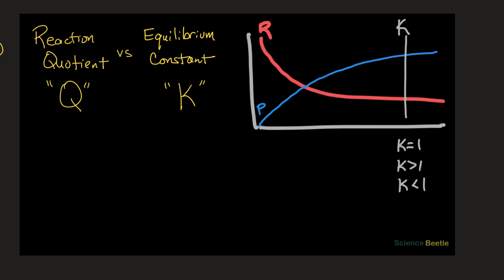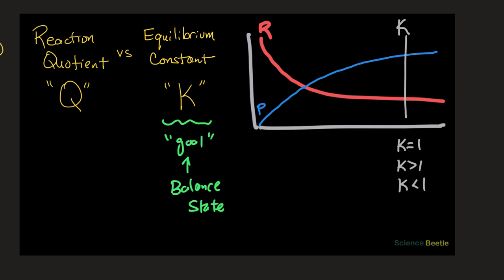Now, how does Q fit into this? Well, if K represents the goal, and we can just say generically here, this is the desired part of a reaction where it wants to be equal. Think of it kind of like the goal for balance state in terms of concentration.